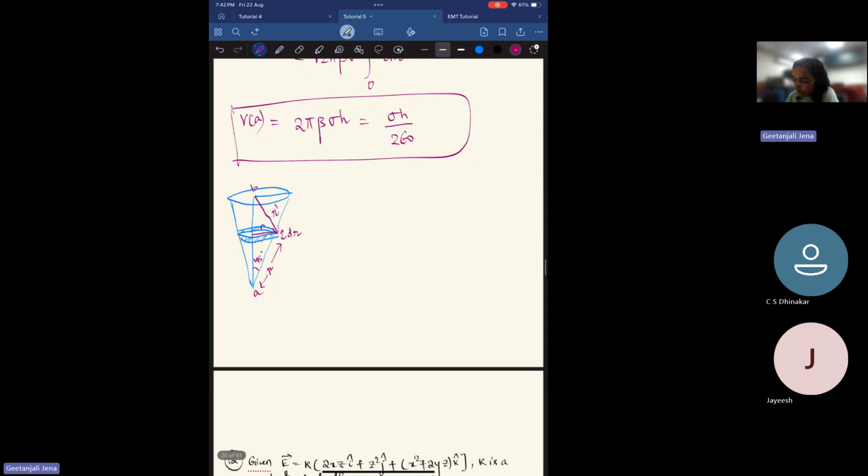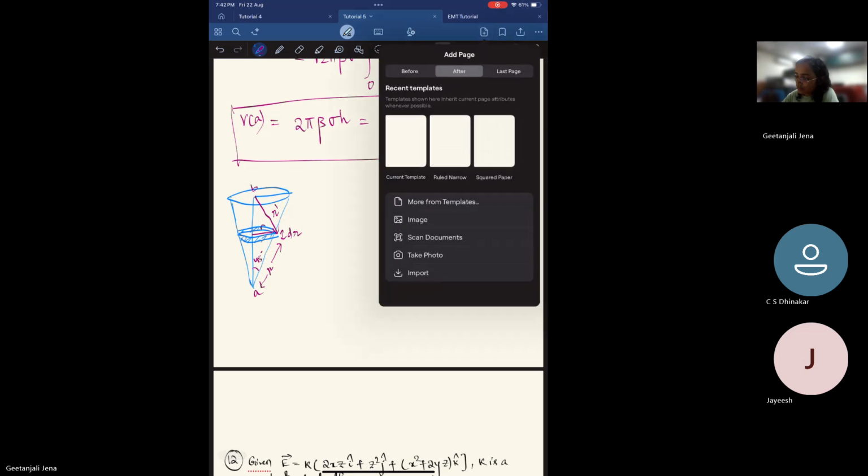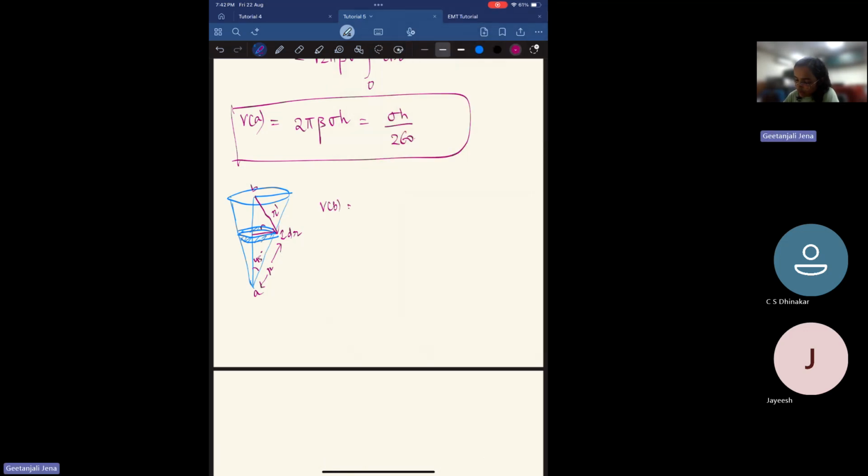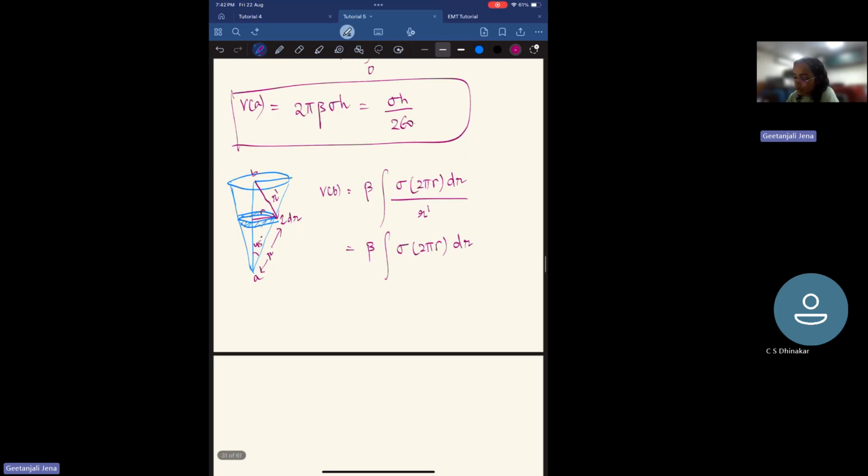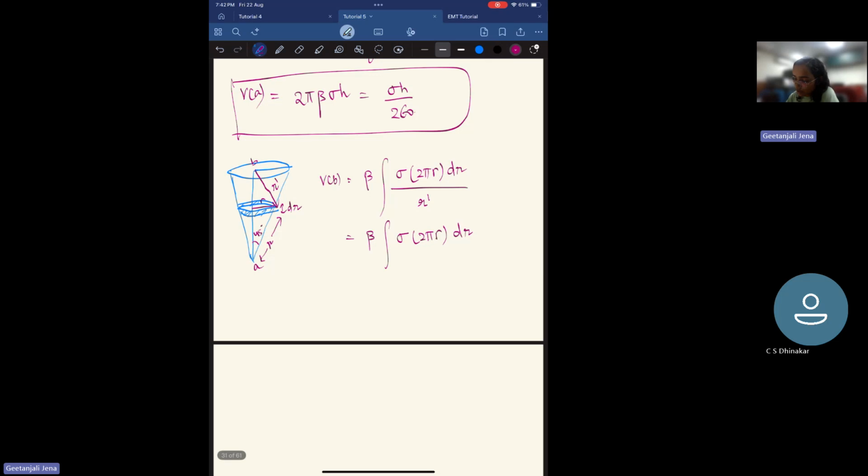So V_B will be beta sigma 2 pi r dr and r prime. Instead of curly R, we have r prime. So beta sigma 2 pi r dr. We need to express it in terms of only one variable. So we want to express it in terms of r now.